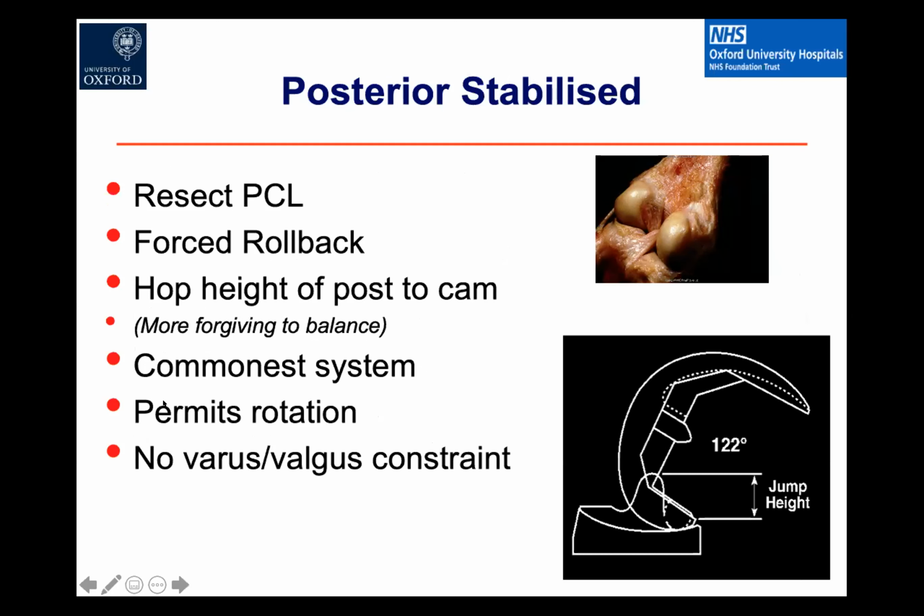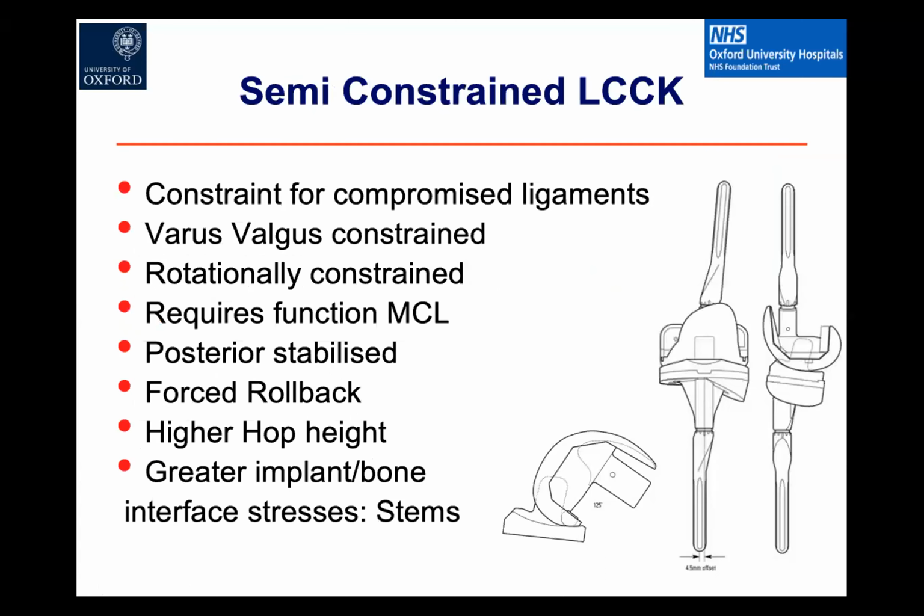It's probably the commonest implant system used throughout the world, especially in the States. It permits rotation, but again, it has no varus valgus constraint. So if you think you haven't got a stable implant, or you've maybe damaged the MCL, a PS implant's not going to get you out of trouble. You're just fooling yourself.